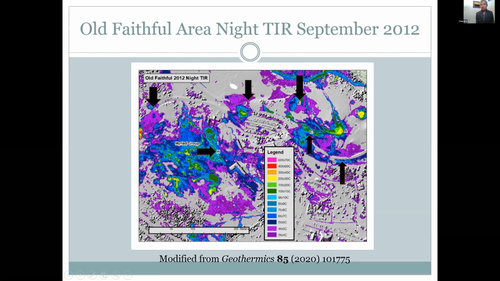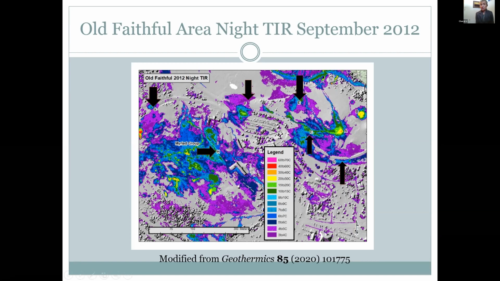The black arrows here indicate places where the thermal system has been impacted by human activities in the area, whether it's the buried sewer lines or old former swimming pools. There also are places indicated by the black arrows where snow does not accumulate in the winter.